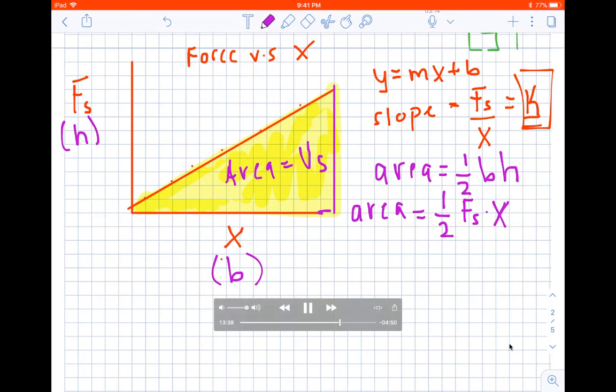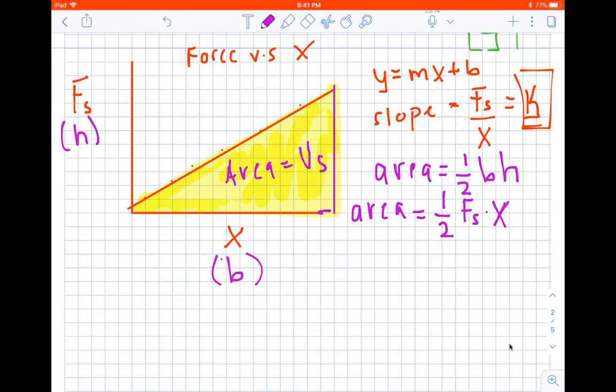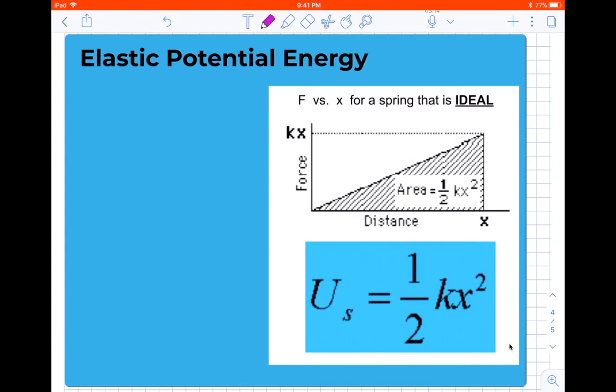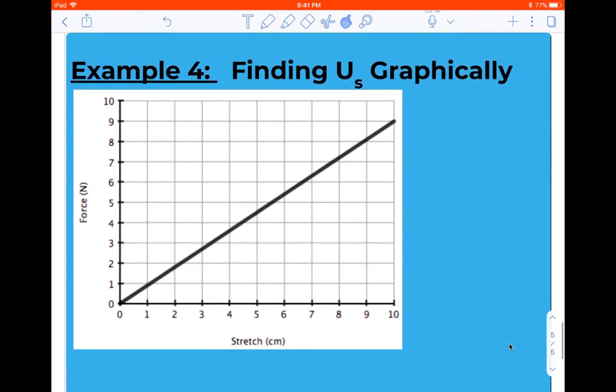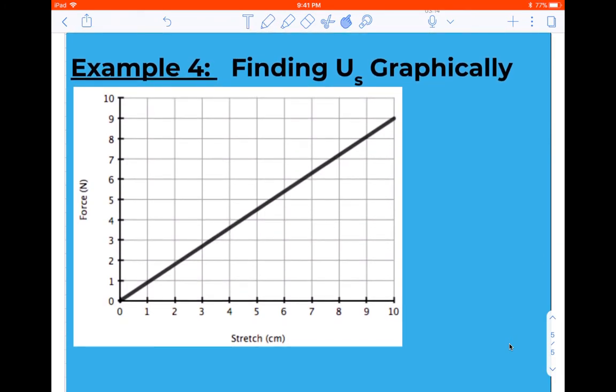So let's actually give this a try with some numerical values. That way it makes a little bit more sense. Okay, so this is a sample graph from an ideal spring mass system.